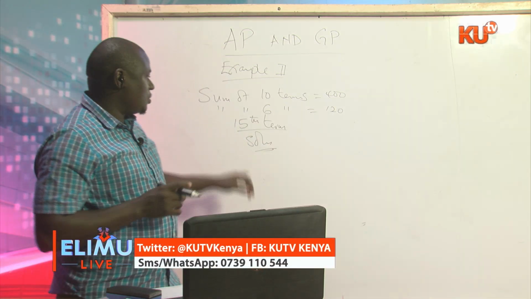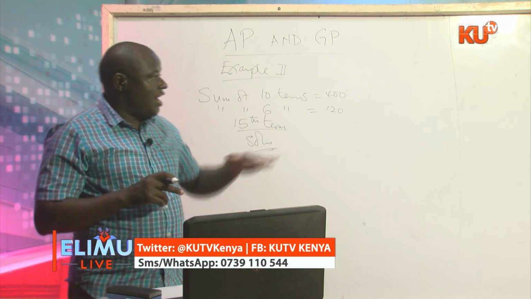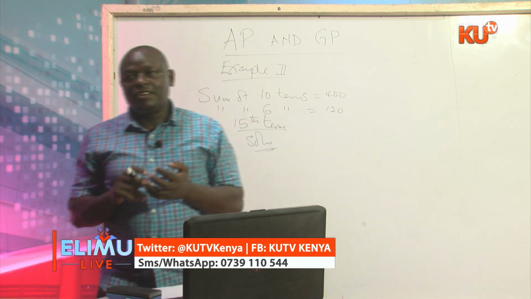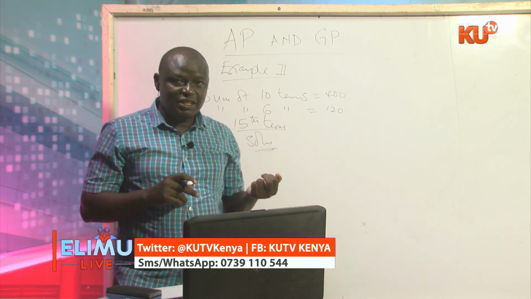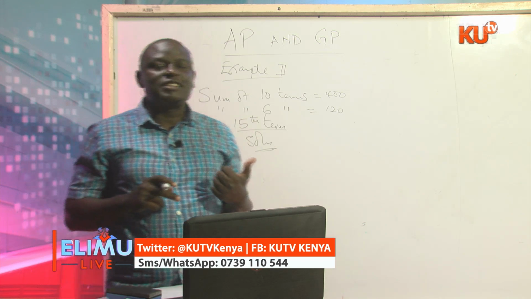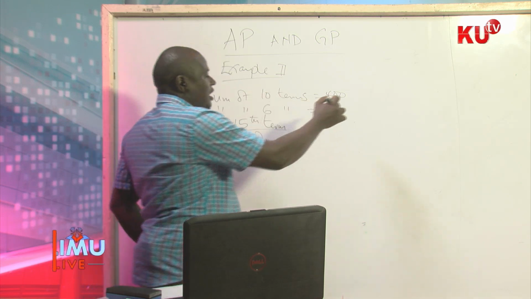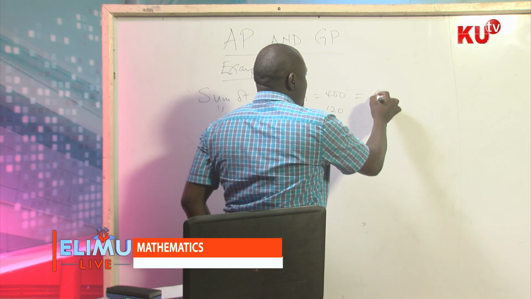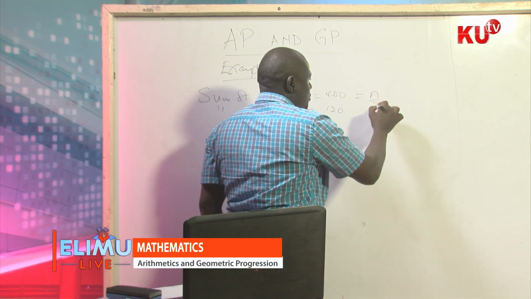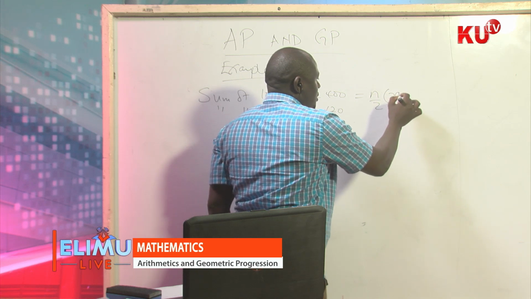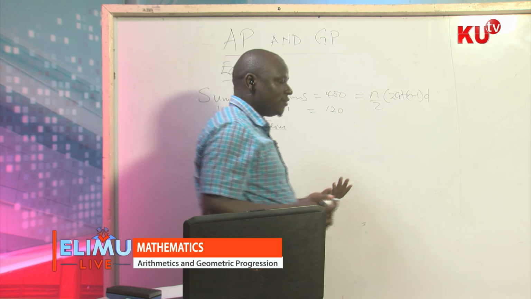In our solution, this is what we are going to do. We have been given the sum of the first 10 as 400, and the sum of the first 6 terms as 120. How was the sum of the first 10 terms found? Sn is n over 2 into bracket 2A plus n minus 1 into bracket D. That's the general formula.